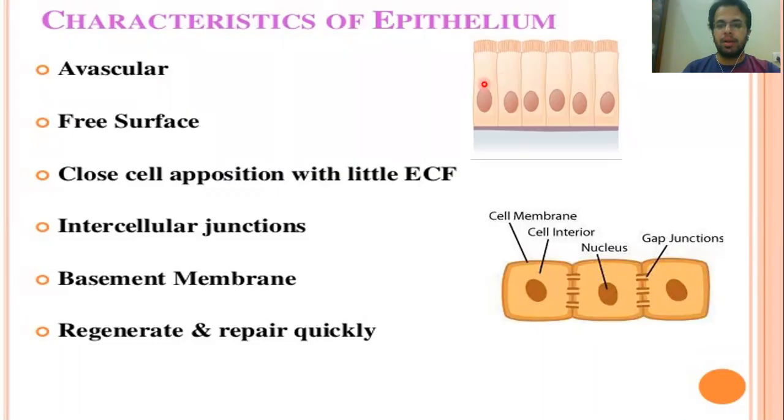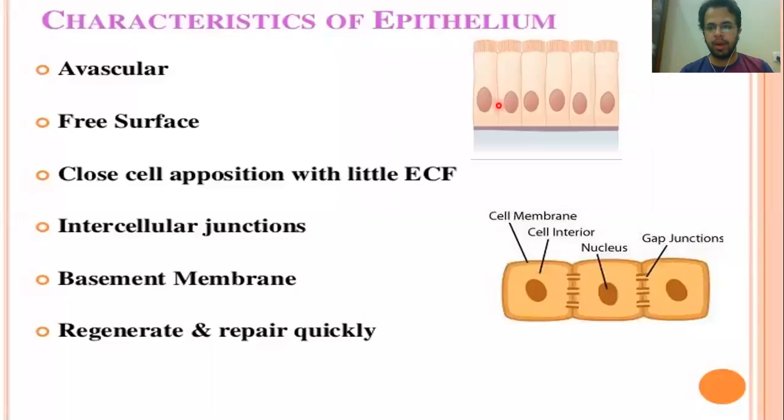These cells are attached to each other. These cells are present in close relation to each other. There is a very little gap between these cells, as you can see. So these are tightly closed cells. There is a very little space between these cells.